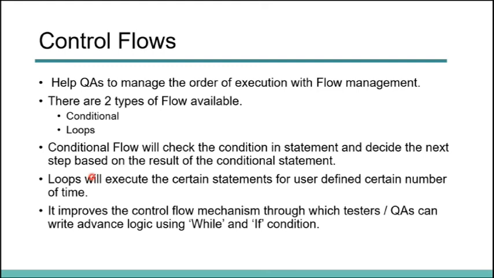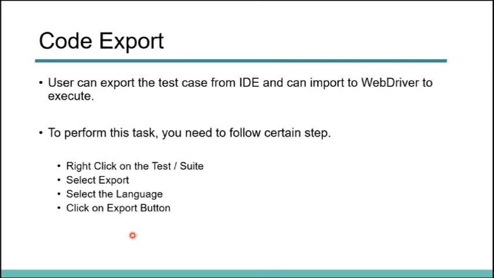But a loop will execute certain statements a user-defined number of times. It improves the control flow mechanism through which testers can write advanced logic by using while and if conditions.